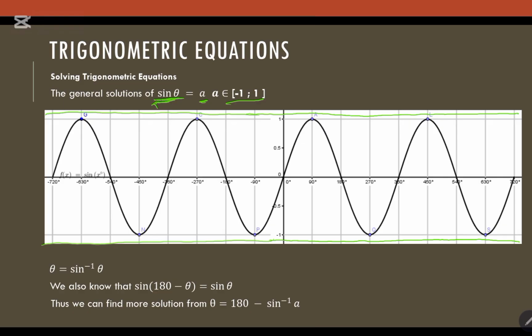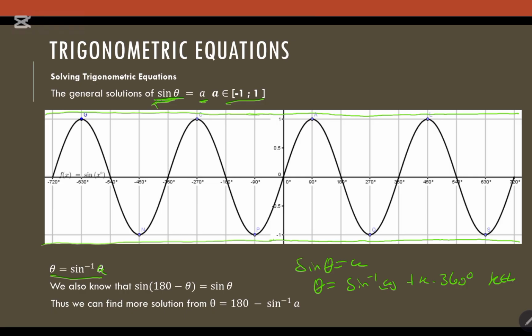The first thing is you find the arcsine of that value, a. So we have sine theta is equal to a. So theta is therefore equal to arcsine of a plus k times 360 degrees, and k is an element of integers.